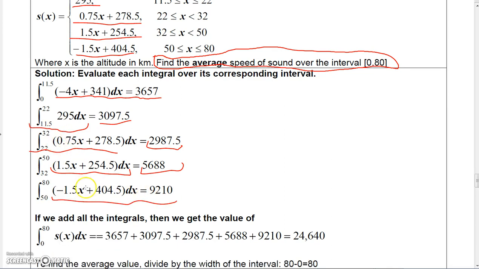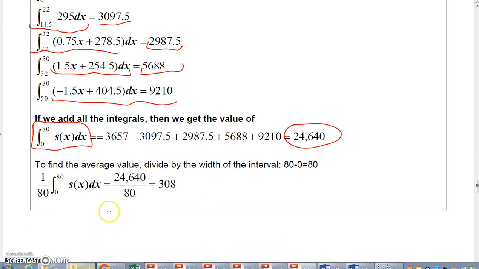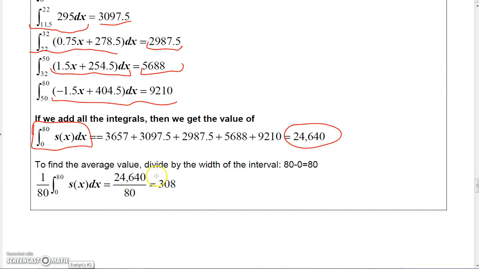9,210. Now, if you add all the integrals together, you get the total value of the integral, which when I added them together, I got 24,640. Now if I want the average value, I just divide that by the width of the interval, which is 80. So divide 24,640 by 80, and I got 308.